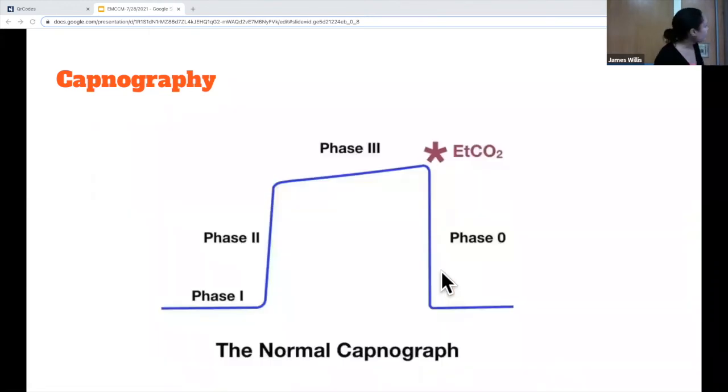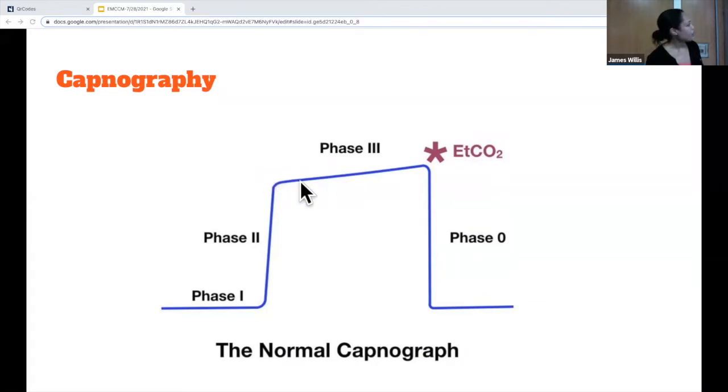So when we're looking at our end tidal capnography, this is our main waveform. Just to go through it briefly, to jog our memories, we've got phase 1 through 0. Phase 1 is our dead space expiration, nothing that's participating in gas exchange. In phase 2, we get a fast, rapid rise in CO2. Phase 3 is our alveolar phase, where all the gas from the alveolus is equilibrating.